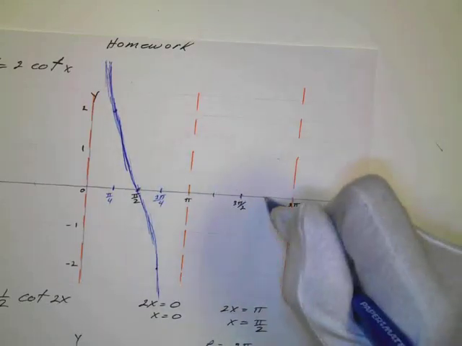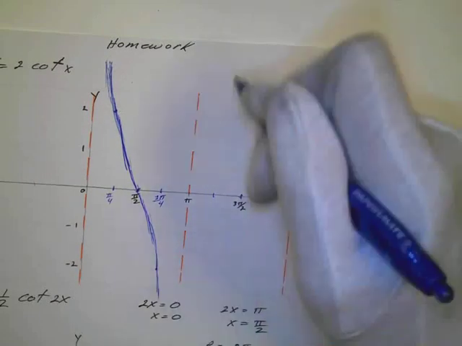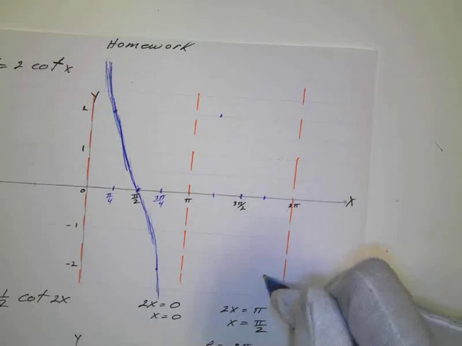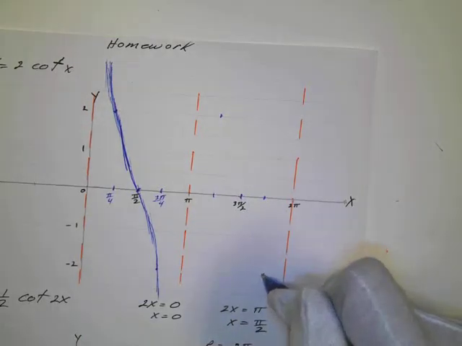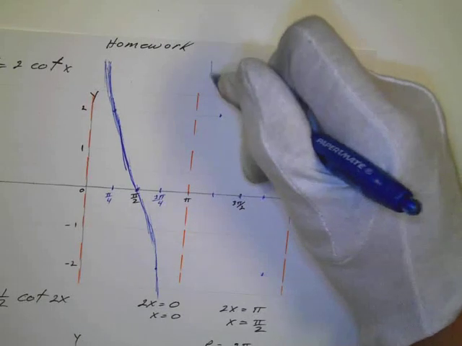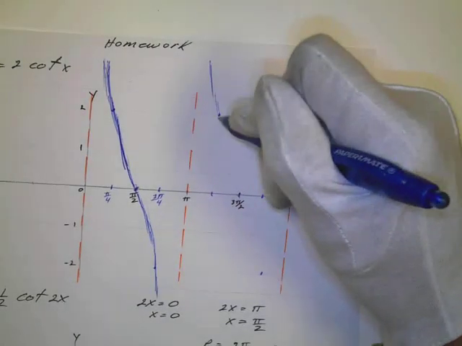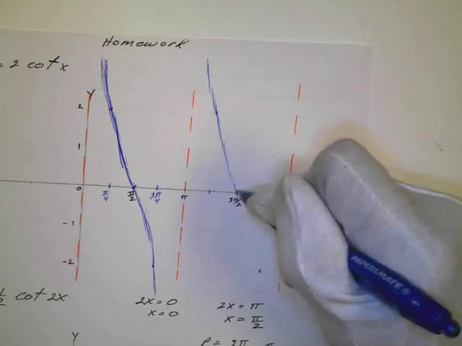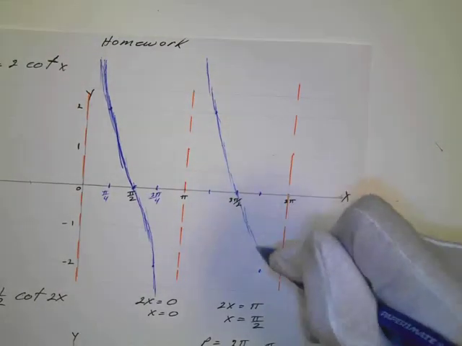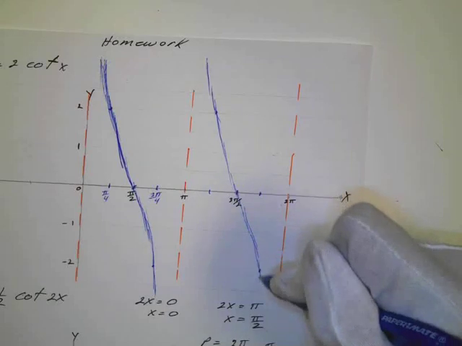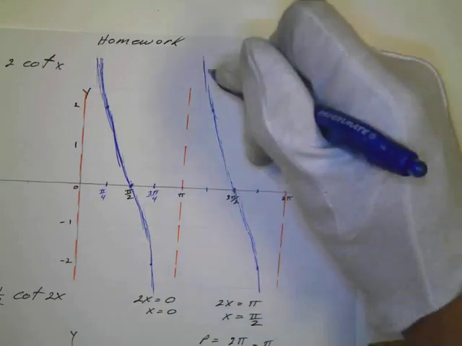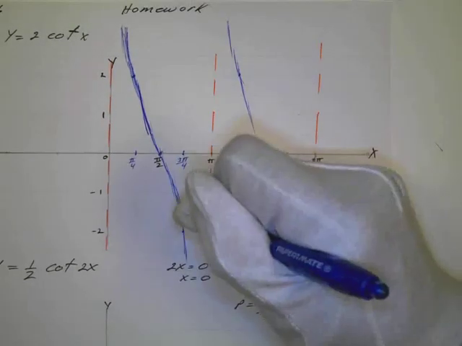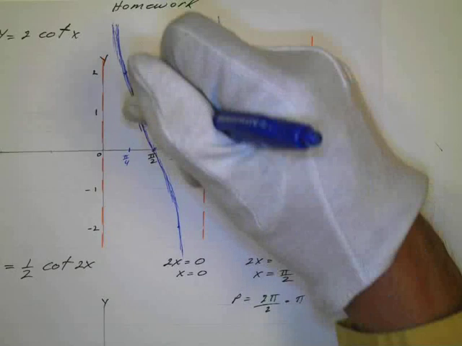I'm going to put my halfway point there, between the center and the asymptotes, right between that 1 and negative 1, but in this case it would be 2. It's a little flatter mostly because of the scale in which I drew it. So something like that. So that would be your cotangent curve. Like I said, try to smooth this out.